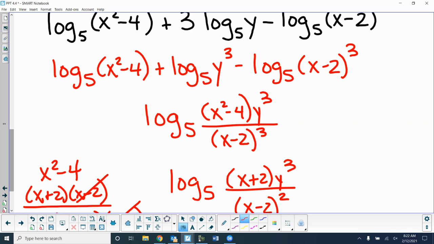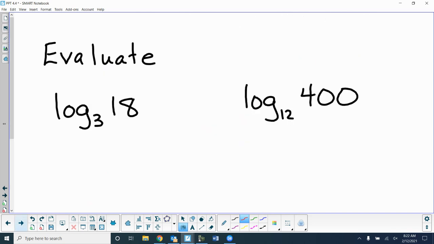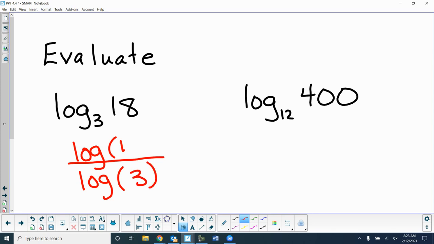Anybody else, question-wise? Okay, the last thing is going over that change of base. Braden Baluch, what do I put in my calculator to get this answer? Where's the log 3 go? Top or bottom? No. Basement, right? The base goes in the basement.